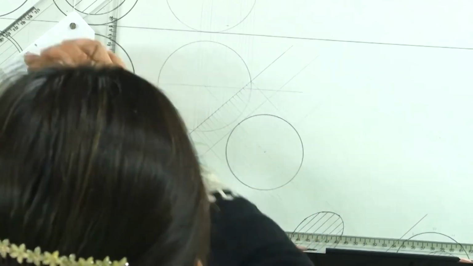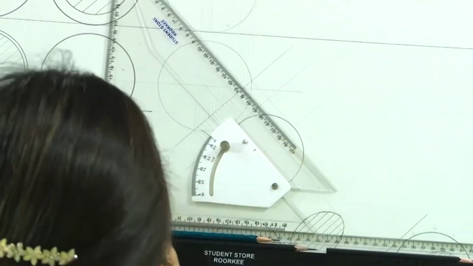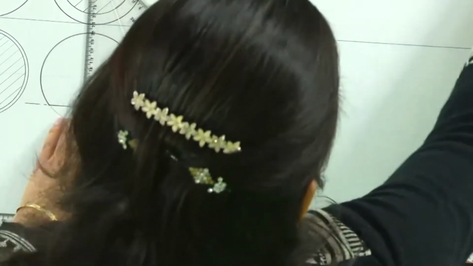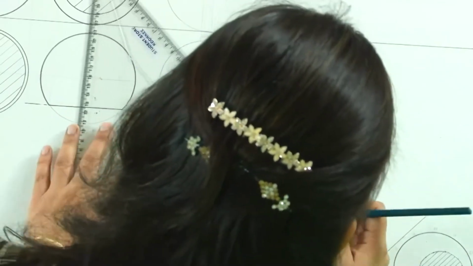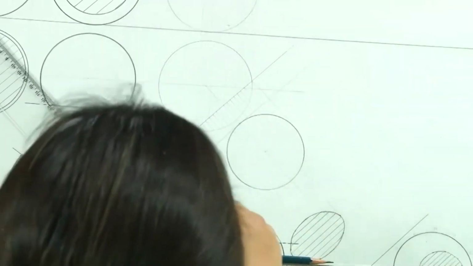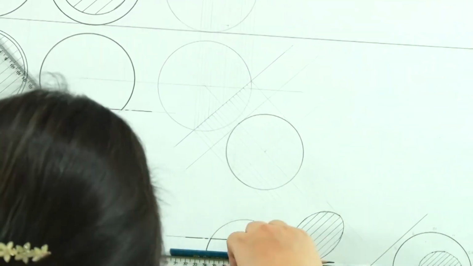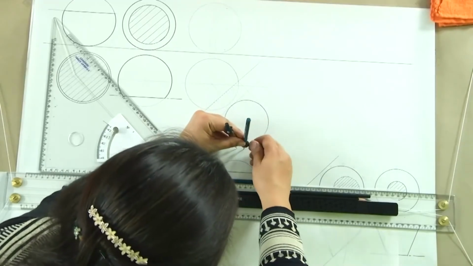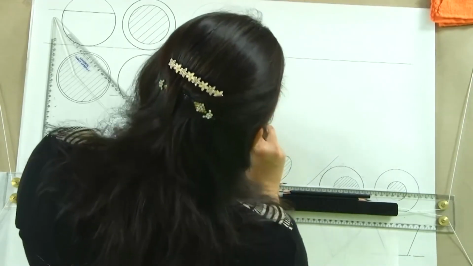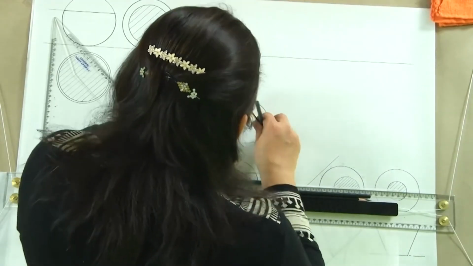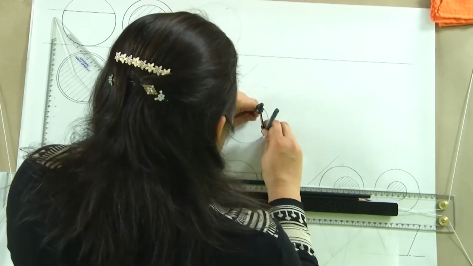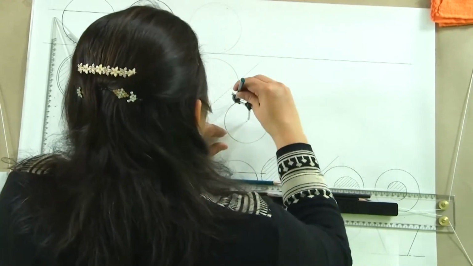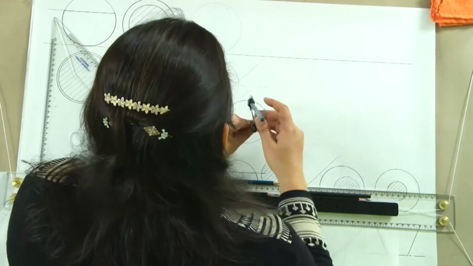Next, we have these points. So I am just noting these points, the distance of these points from the center. So it will be the same for both the sides.